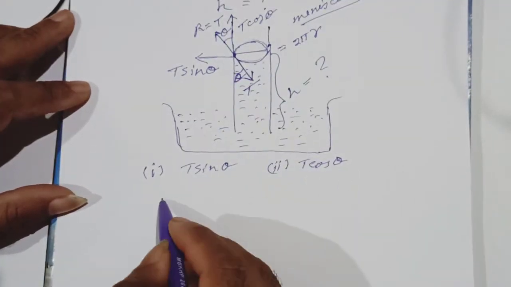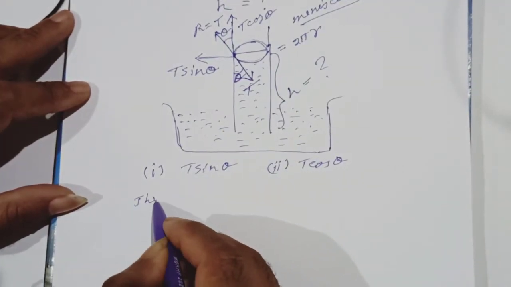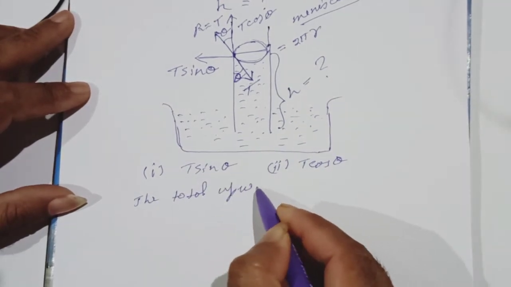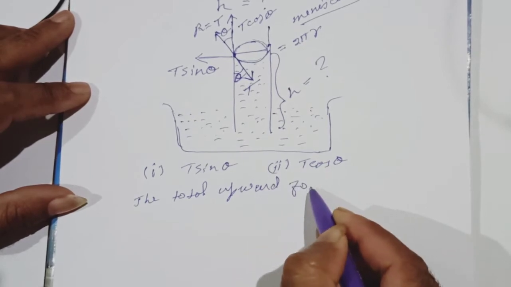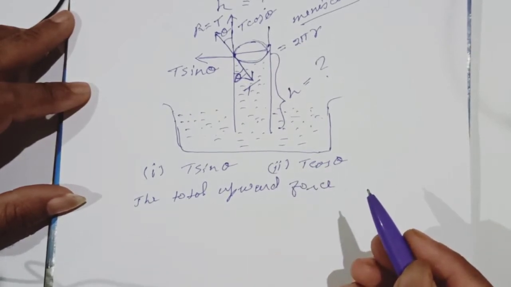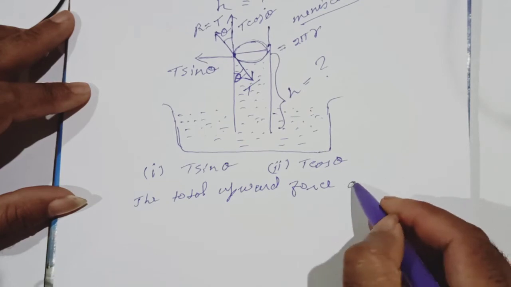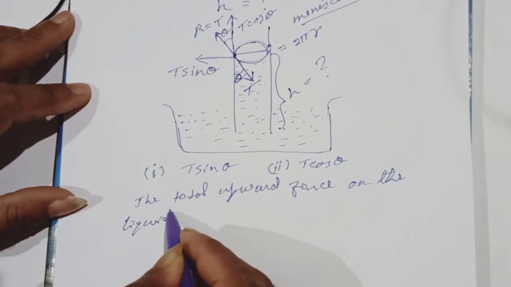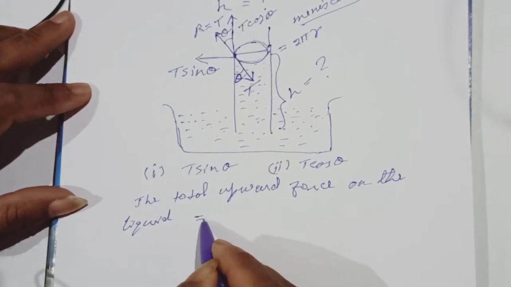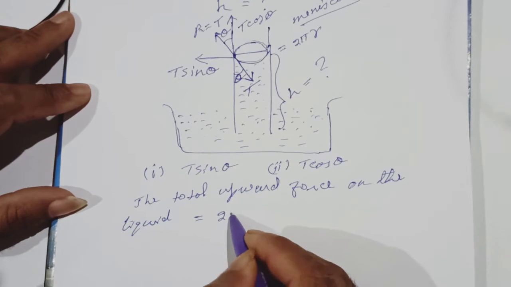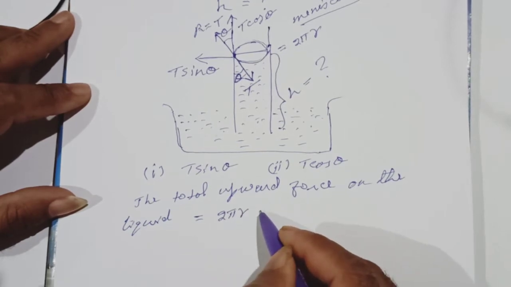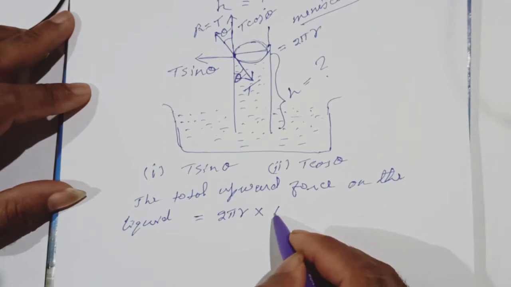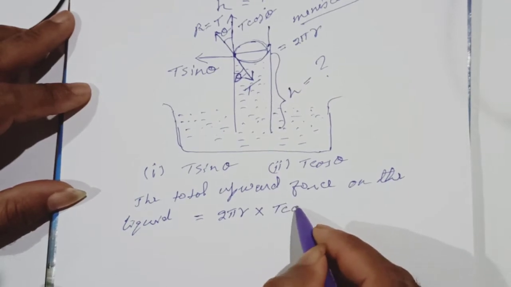Okay, so now what will be the total upward force? The total upward force on the liquid is equal to the circumference of the meniscus all throughout the tube, into the upward component, T cos theta.